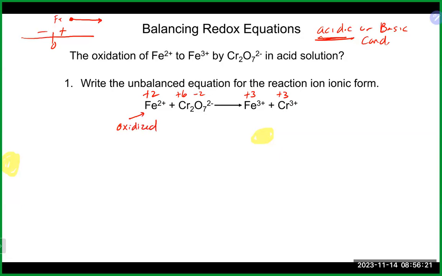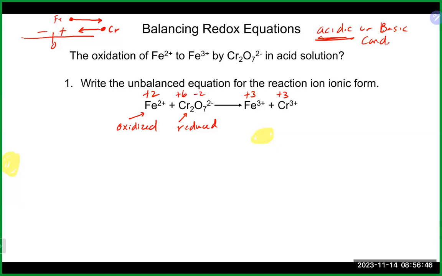By the way, as soon as I determine that, I already know that this guy should be the guy that is being reduced. We could still do it for the chromium. Chromium on the left-hand side there is +6, which is like over here, and it ends on the right-hand side at +3, which means it is moving in a more negative direction and is being reduced.